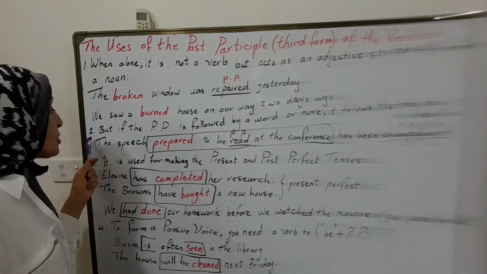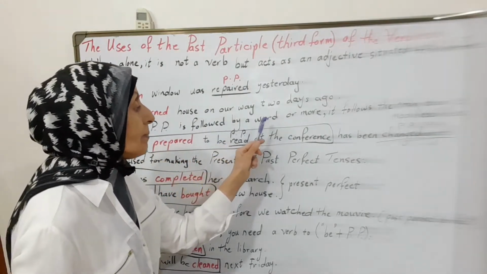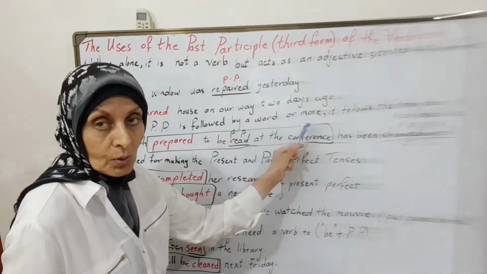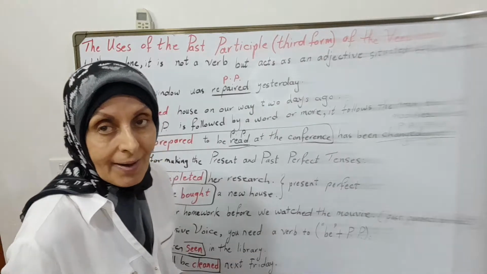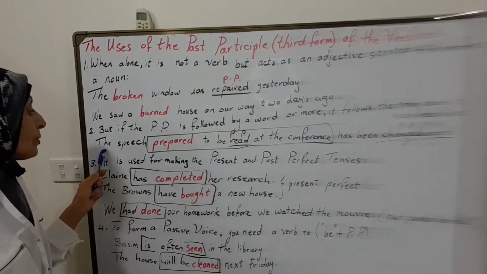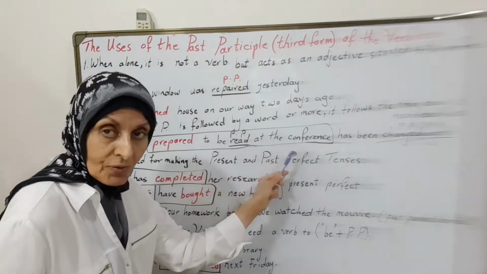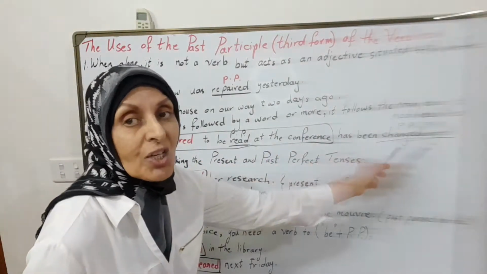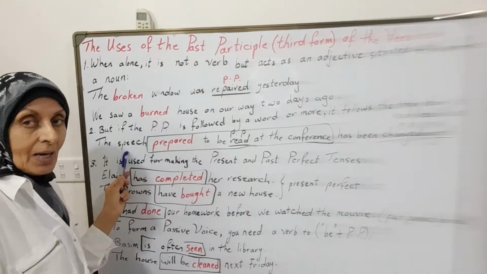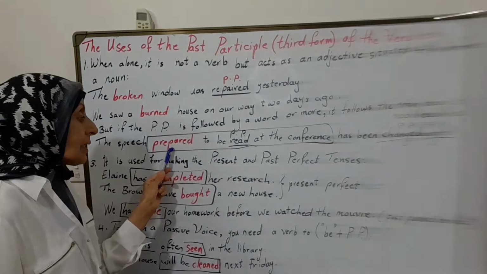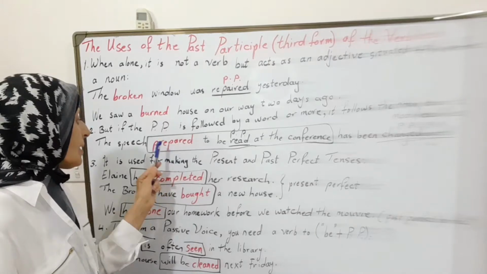Okay. Number two. But if the past participle is followed by a word or more than a word, it follows the noun it modifies. So, for example, the speech prepared to be read at the conference has been changed. The speech, this is the noun, and the speech prepared to be read at the conference.